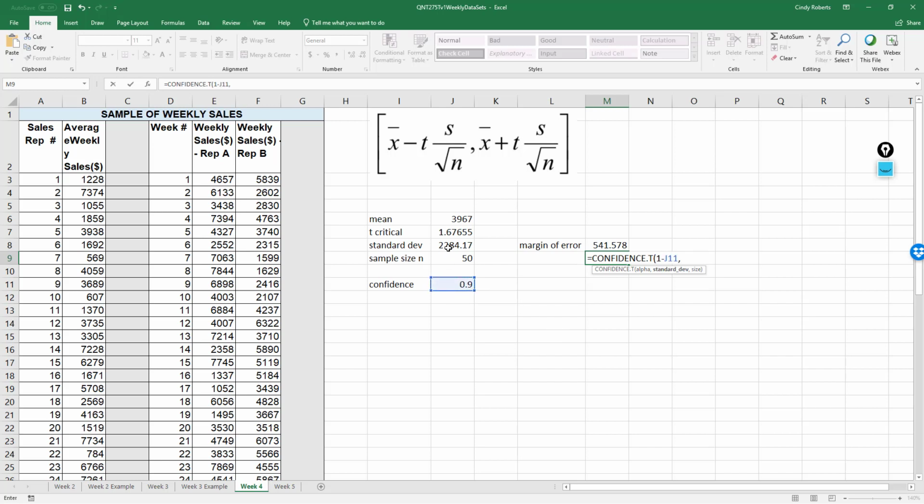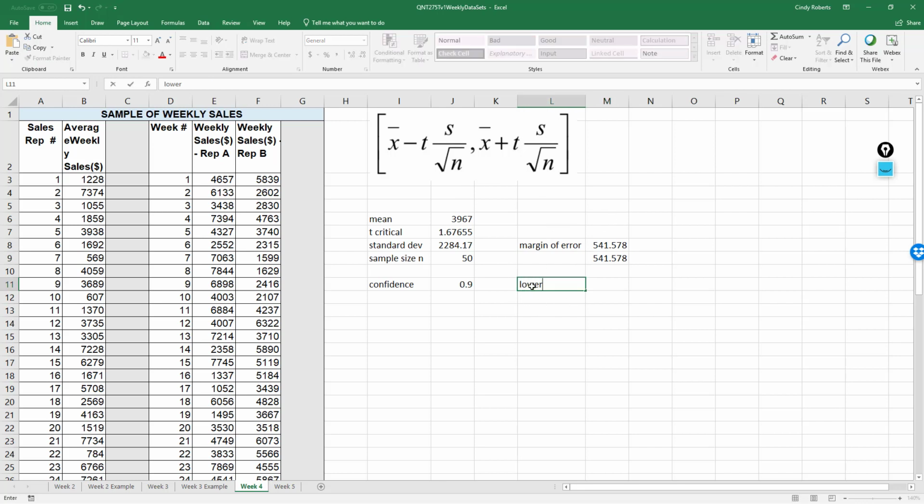It wants my standard deviation because being a T, you have to use the sample standard deviation. And then it wants my sample size. So the CONFIDENCE.T, a lot of times students will see this and they'll go, oh, well, I don't need to use this formula up here. But notice what it gives you. It only gives you the margin of error. So you still have to find your upper and lower values.